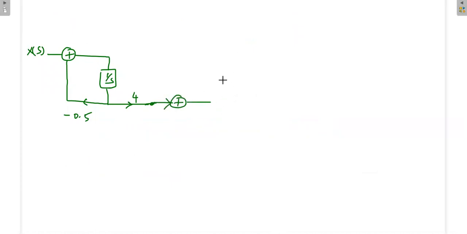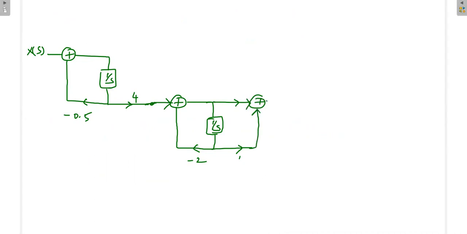Now we are drawing the H2 of S. Then H2 of S is over.